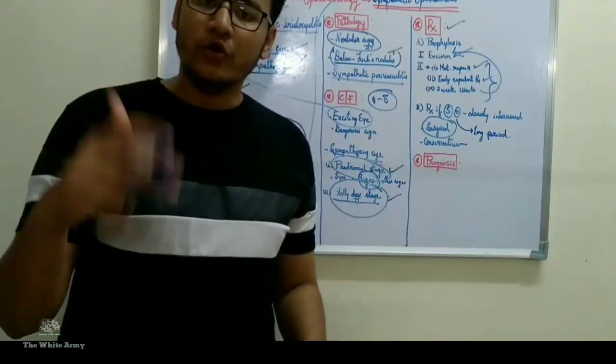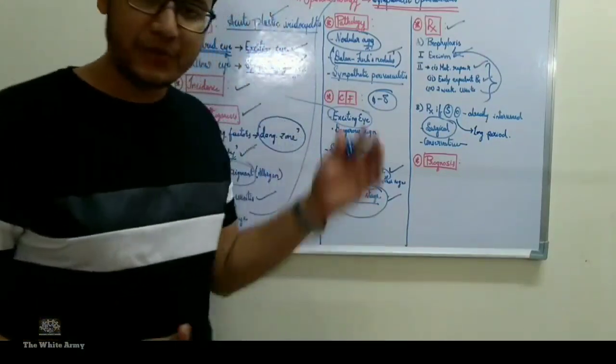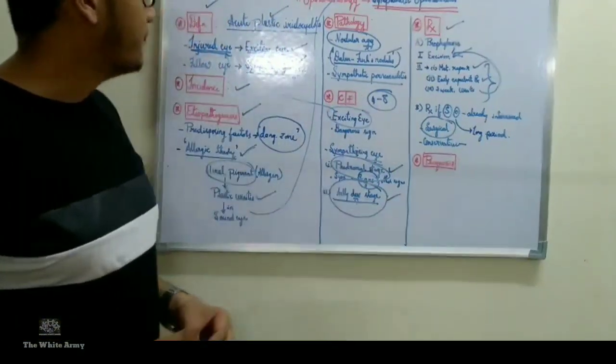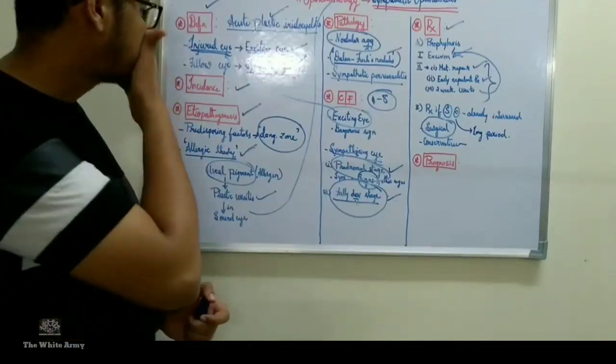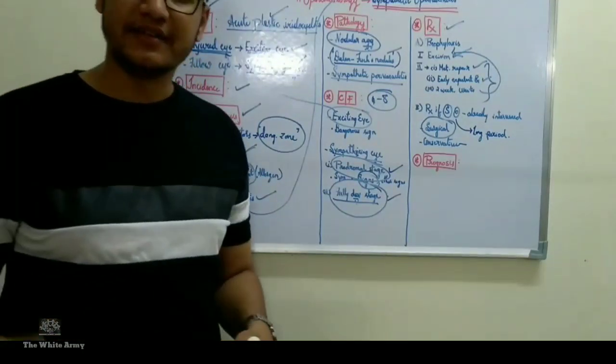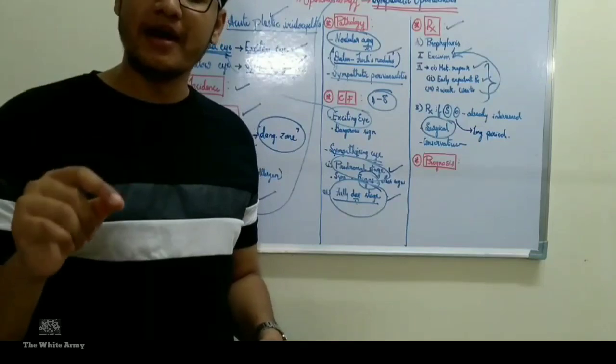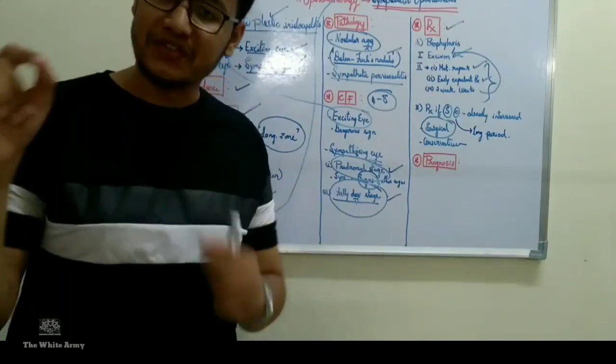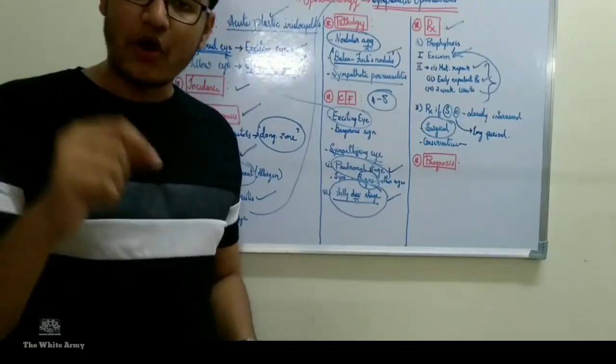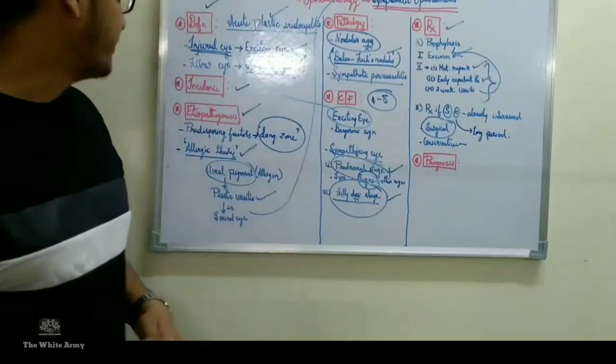Okay, so to revise the topic we have discussed just now, sympathetic ophthalmitis. Coming to the definition, it is a bilateral granulomatous panuveitis, a severe condition which occurs following a penetrating globe injury.